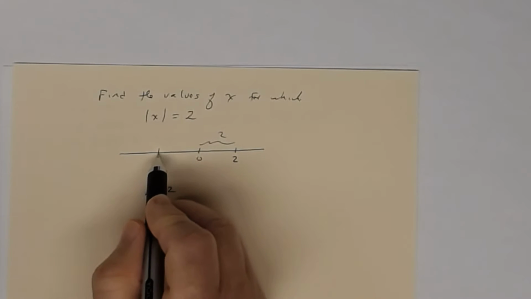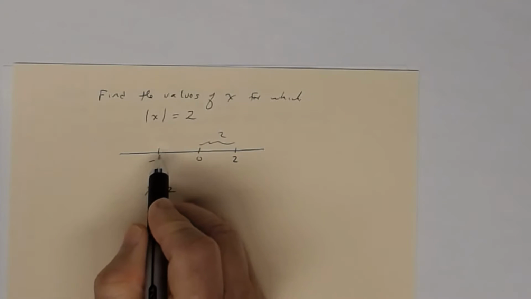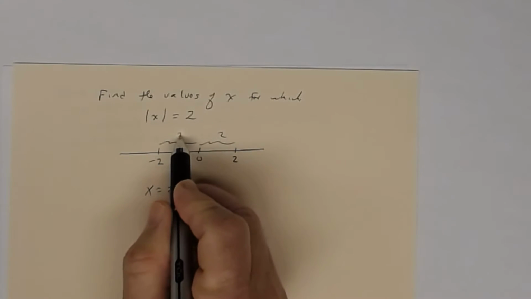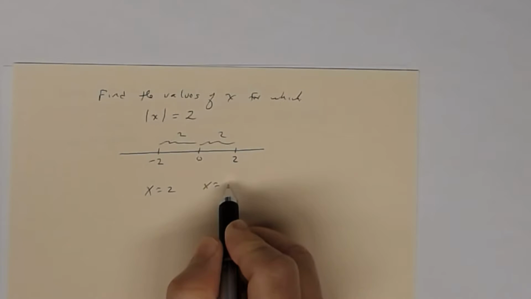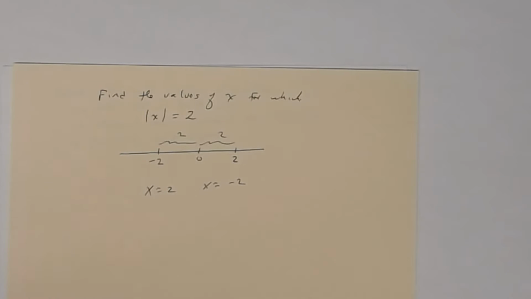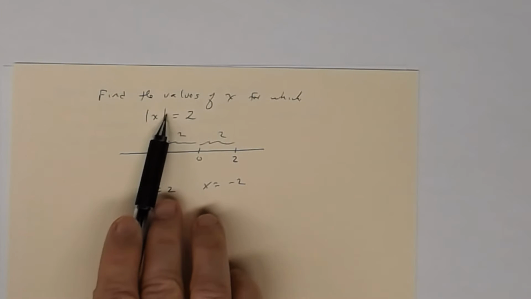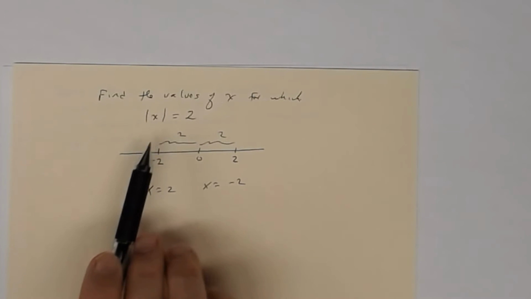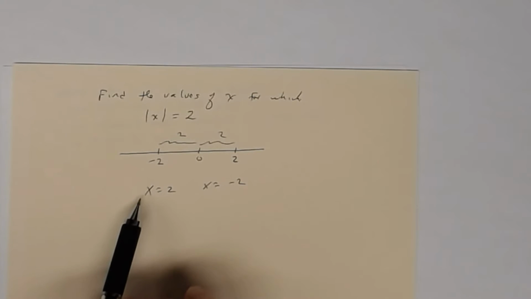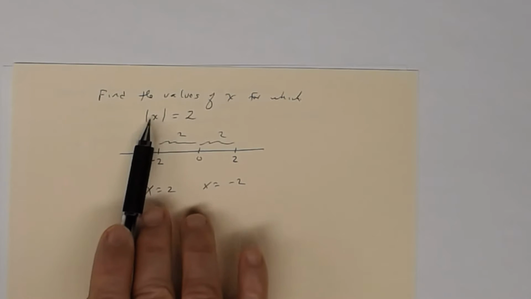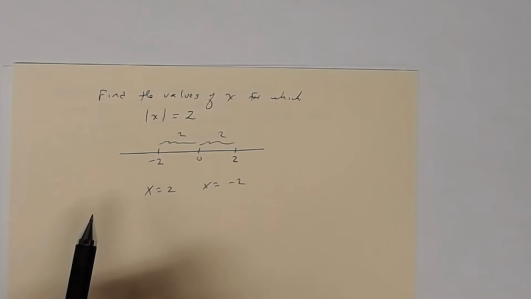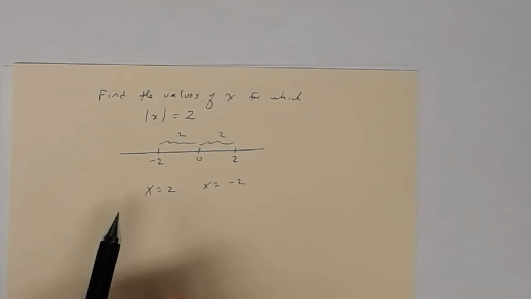You also know that the number -2 is also 2 units from 0, correct? So x is equal to -2 as well. So when solving this absolute value equation, there are two solutions. There are two numbers whose distance is 2 units from 0, 2 and -2.